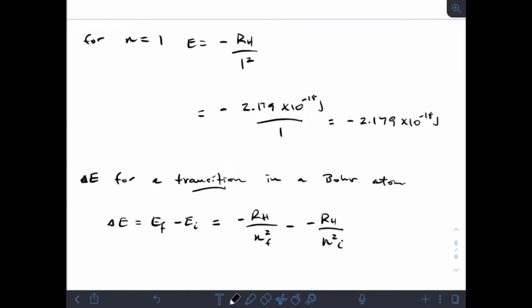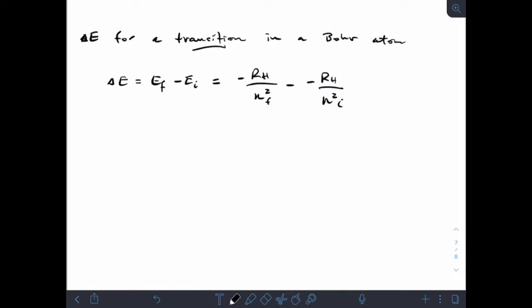But a simpler version is to just distribute through those negative signs and move things around a little bit, and we get a more streamlined version of the equation: RH times 1 over n initial squared minus 1 over n final squared. When we distribute through those negative signs, it swaps the places of the initial and final. That's all it does. But it's still the same delta final minus initial. We're just rearranging to get rid of all of those negative signs.